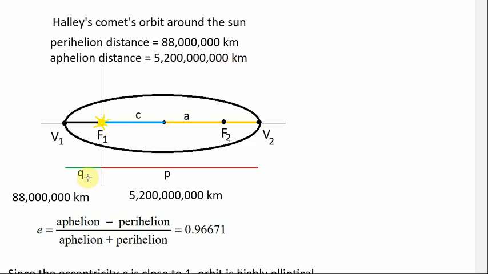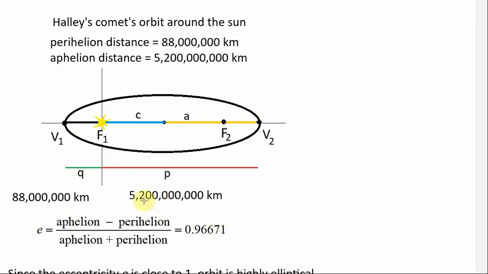And so Q would be the perihelion distance. P is the aphelion distance. And therefore the eccentricity for Halley's Comet's orbit around the sun is going to be 0.96671.